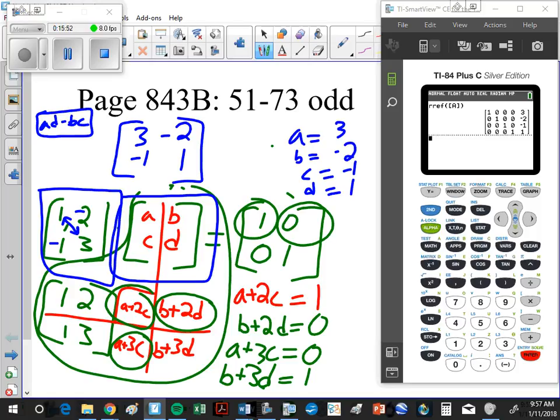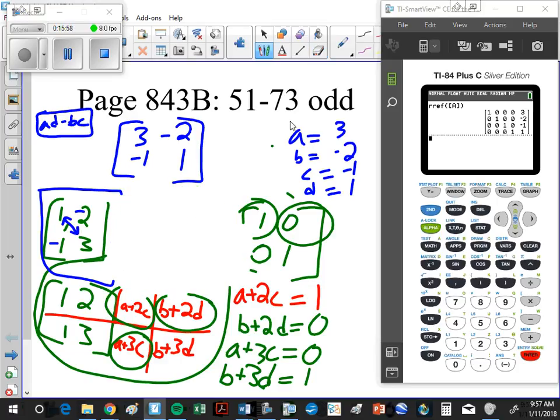Okay, so let's find another inverse. Oh, while we're here, let's just verify. How do I know that I'm right? When I multiply these two together, I should get I2. So let's check. 1 times 3 is 3. 2 times -1 is -2.